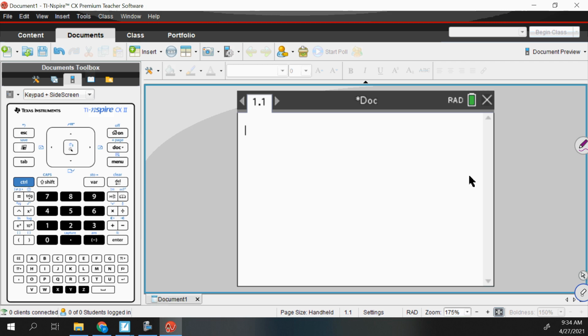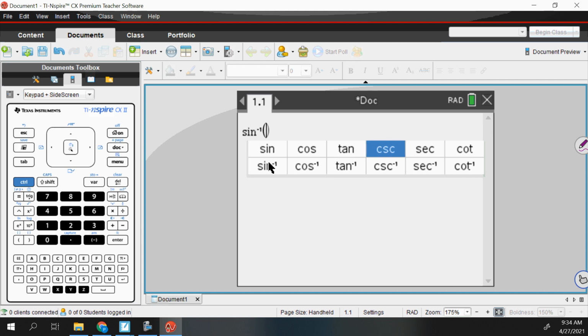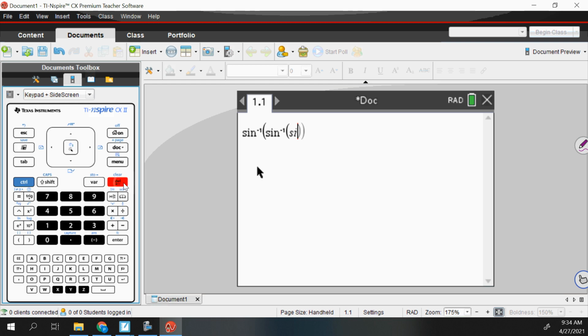And we can just go ahead and type in our sine inverse of 84 over 123. So if you go to your trig button, go to sine inverse, and we'll just type in 84 over 123.